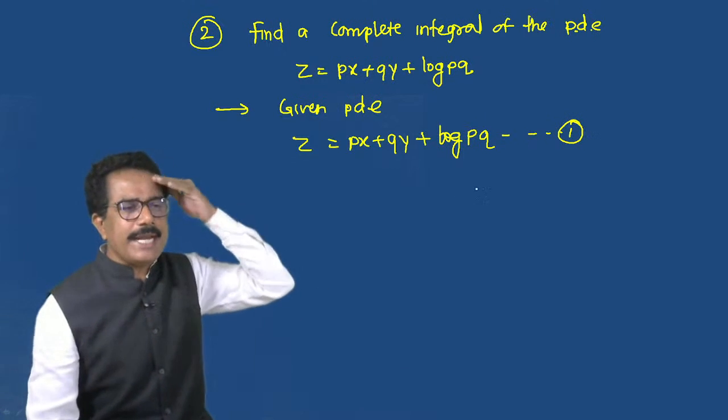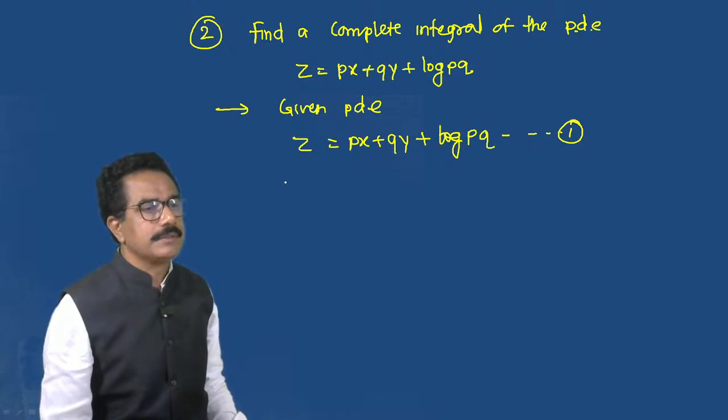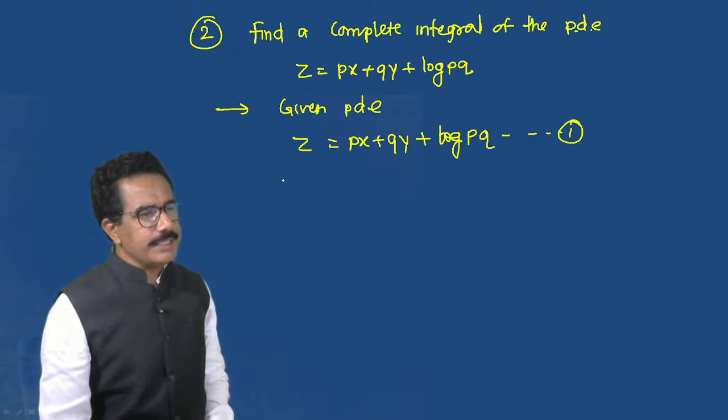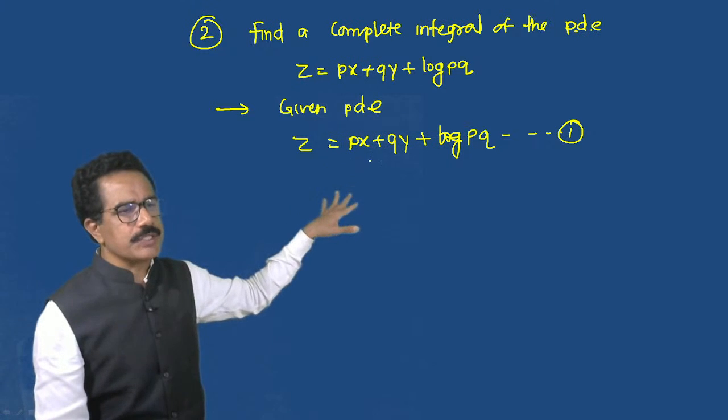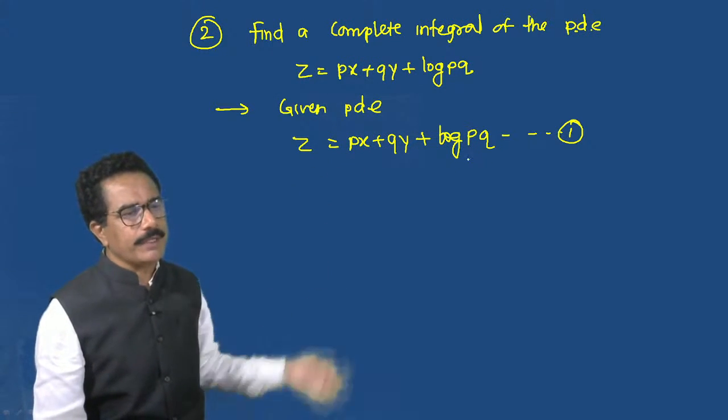Now see here, z is equal to px plus qy plus log of pq.